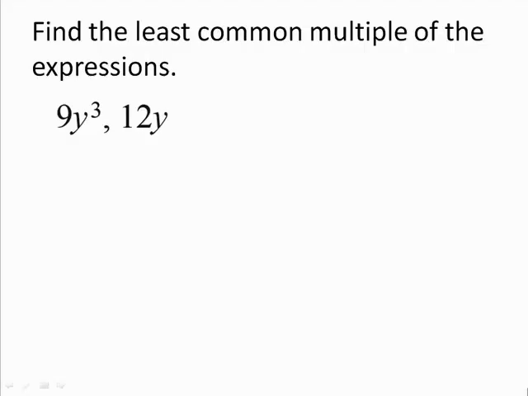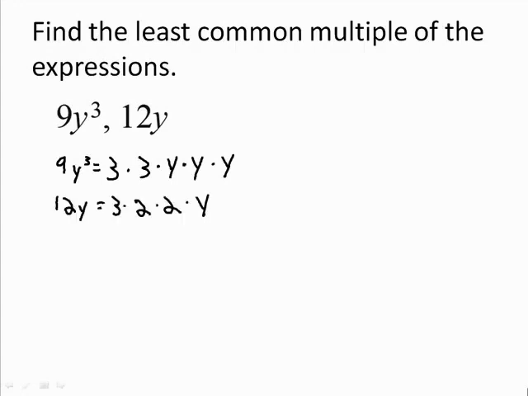Find the least common multiple of the expressions 9y cubed and 12y. Write each of these expressions as their prime factors. 9y cubed equals 3 times 3 times y times y times y. 12y equals 3 times 2 times 2 times y.